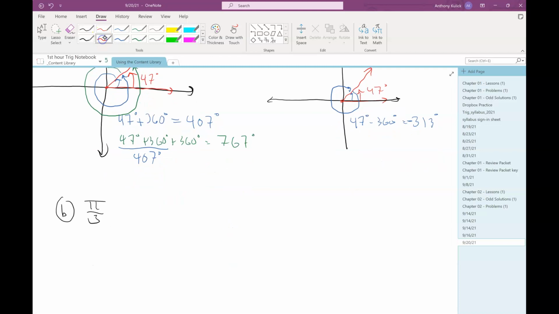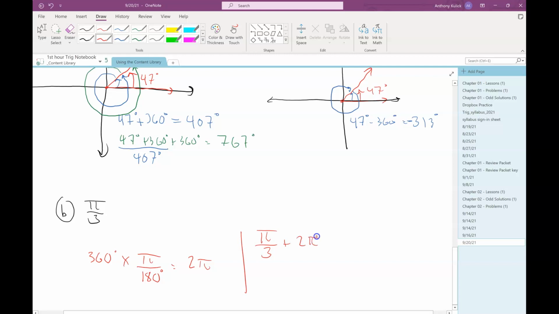The question is, what's 360 degrees in radians? Well, let's convert 360 degrees to radians by multiplying by pi over 180. So that's just going to be 2 pi. So I'm just going to add or subtract 2 pi. Everybody's okay with that?